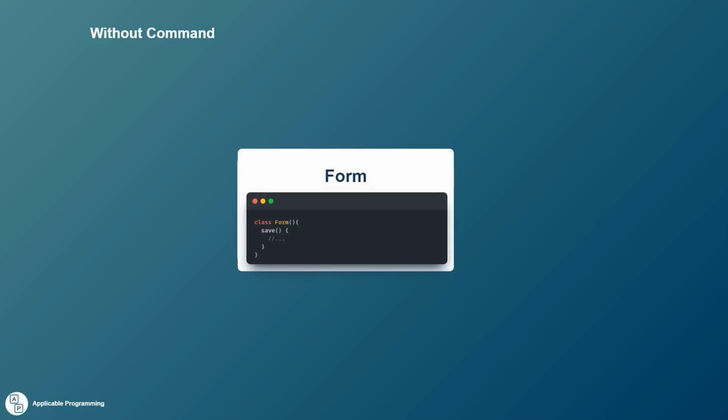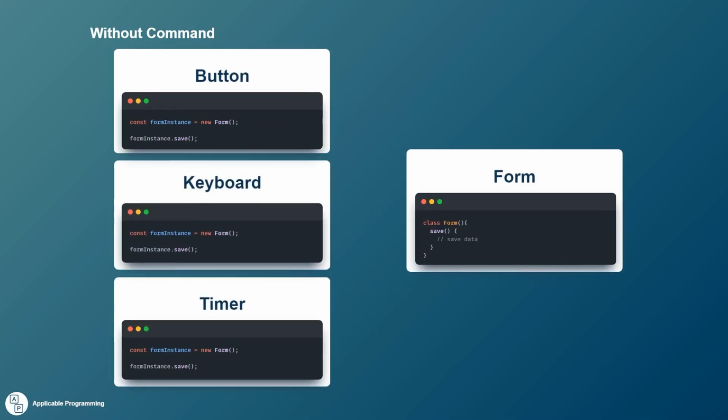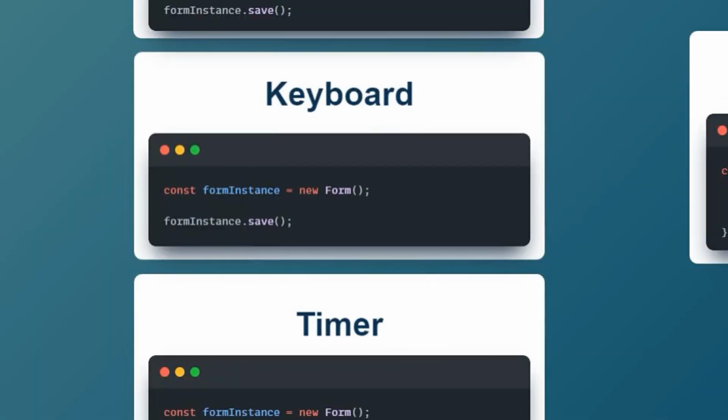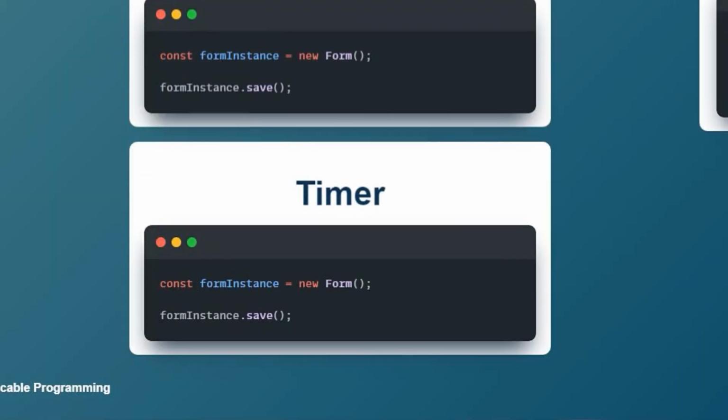And there are more reasons to use the command pattern that we will go over in this course, and especially in the skill builder section. But in short, we usually have an action attached to a receiver, like the form having a save action. And we want to invoke it from multiple different places, like the save button, the keyboard shortcut, and maybe the timer that will save some complex forms automatically after a period of time.